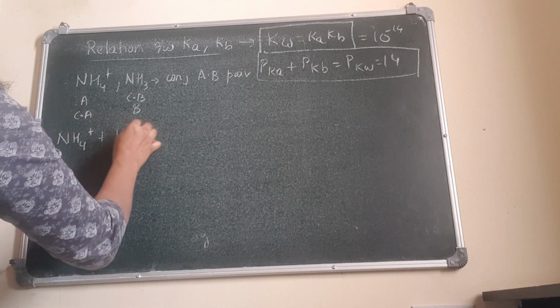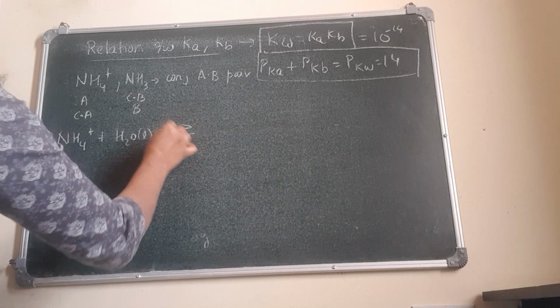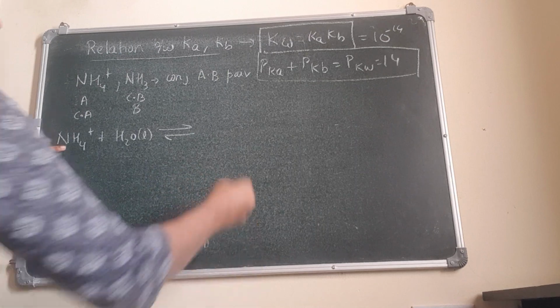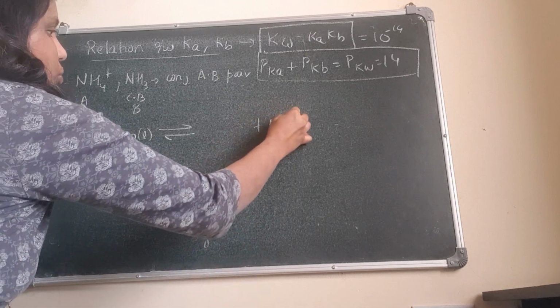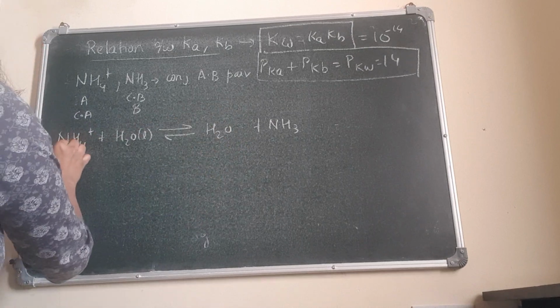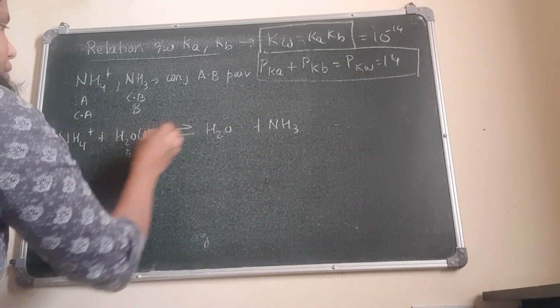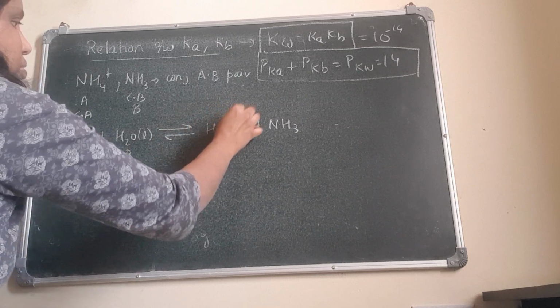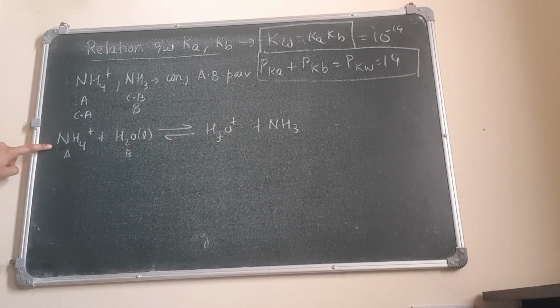If you have water, this is an acid, so it donates a proton and gets converted into its conjugate base, and water acts like a base. It accepts a proton and you are getting H3O plus aqueous.